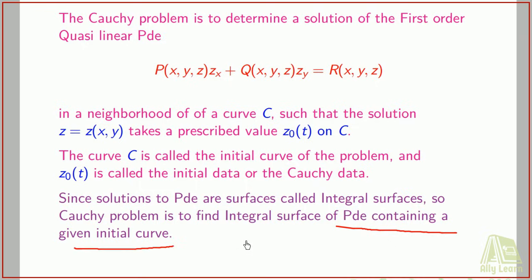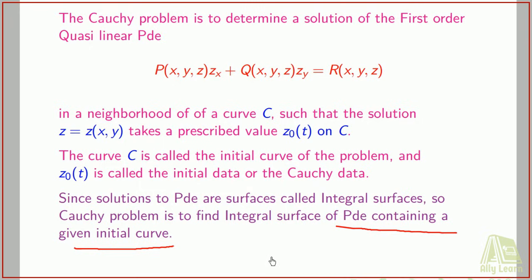Just try to recall, friends, that the general solution of a first order quasi-linear PDE contains an arbitrary function, and for every such function we get a solution surface.